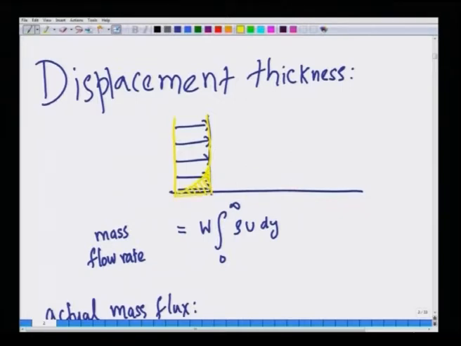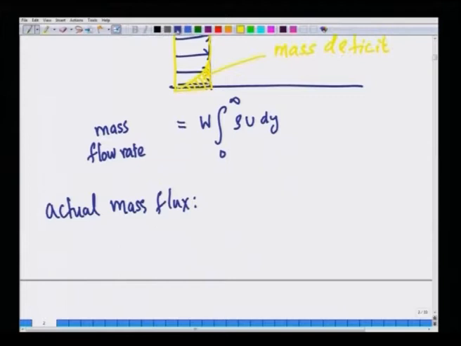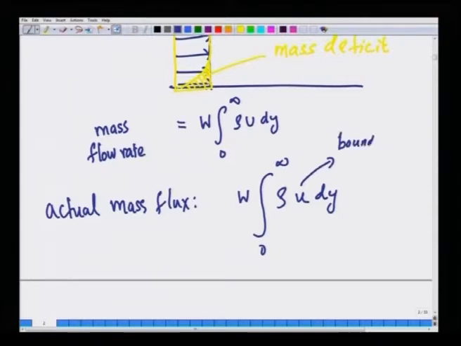This shaded region is the mass deficit, because that much is not flowing, which would have happened if the velocity profile was uniform right through. So, this shaded region is the mass deficit. Okay. So, the actual mass flux is integral w 0 to infinity rho small u dy, because this is the actual velocity profile, the boundary layer velocity profile.